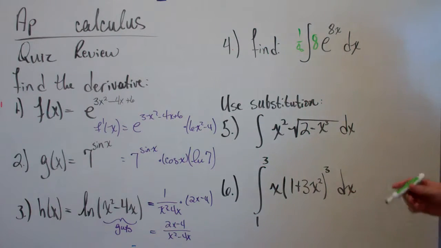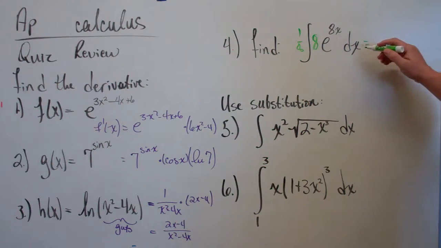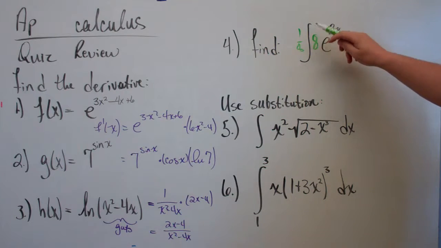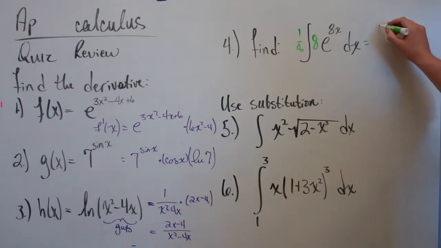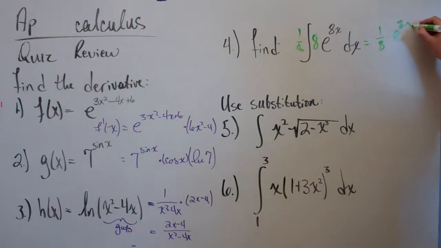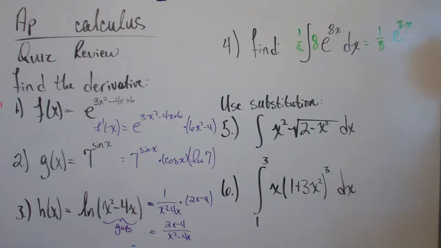We don't actually change the value. So now your antiderivative of 1/8 integral 8 e to the 8x is simply 1 over 8 times e to the 8x. Simply 1 over 8, and don't you forget tomorrow, plus c.